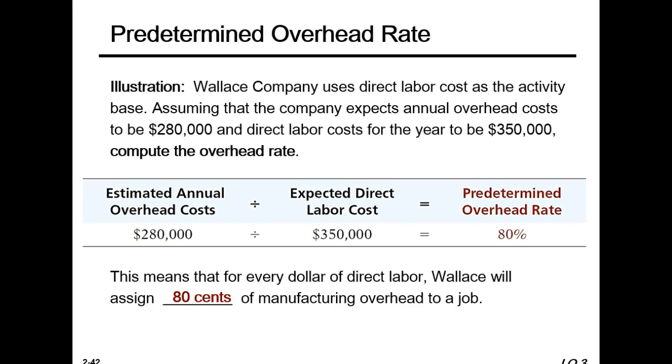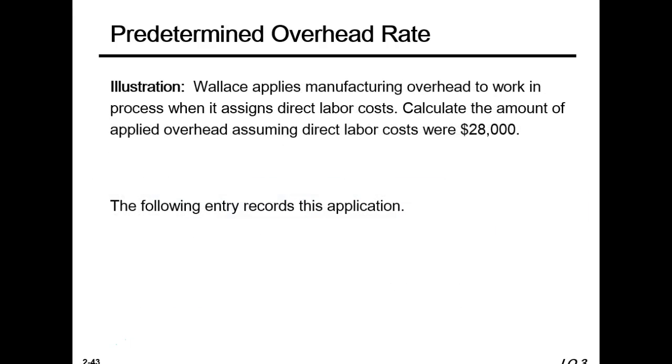Does that make sense? So in this example, Wallace applies manufacturing overhead to work in process when it assigns direct labor costs because the two are linked. Calculate the amount of applied overhead assuming direct labor costs were $28,000. What are we going to use? 80 cents on the dollar.